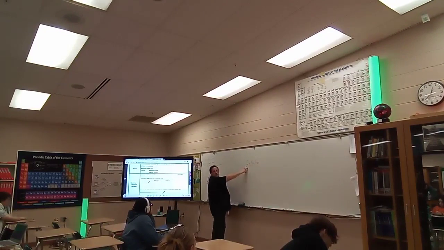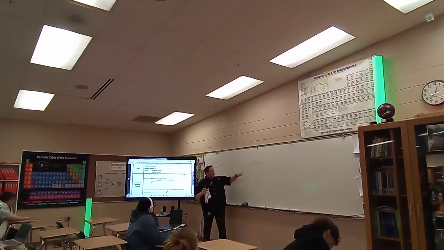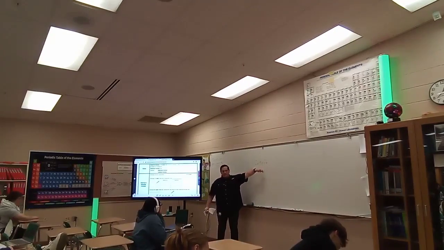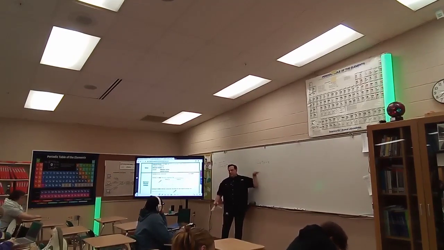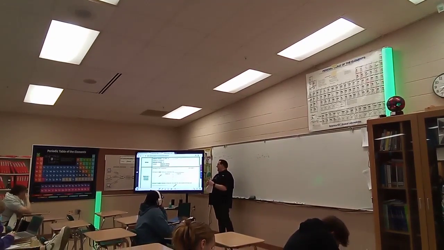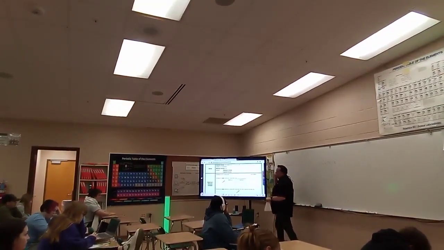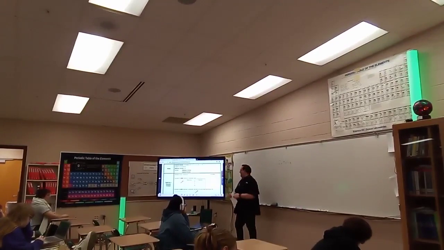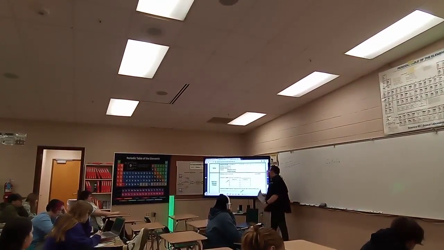So when you look at a formula, let's say the formula is C4H10O2. This is just a ratio. This tells you that if I have 4 carbons, I'm going to need 2 oxygens. If I have 10 hydrogens, I'm going to need 4 carbons. That tells you the ratio of those things to each other. We can figure out that ratio fairly easily with a little bit of math.